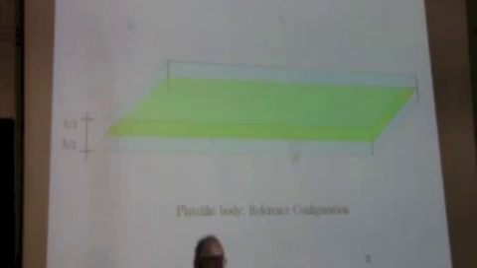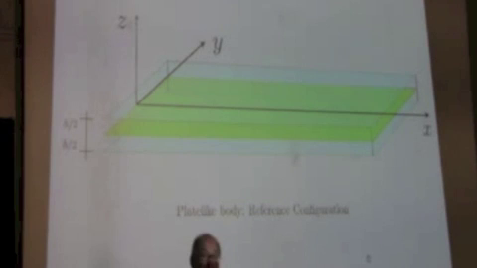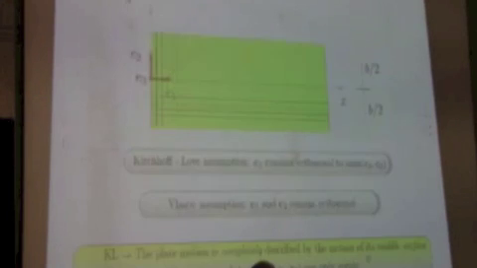So let us start with the plate-like body in its reference configuration. Then you can consider its middle plane and a Cartesian coordinate system as shown in this picture.